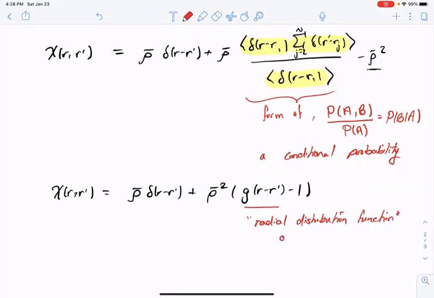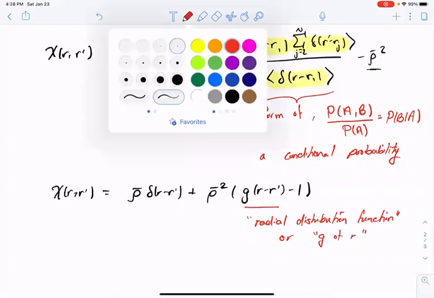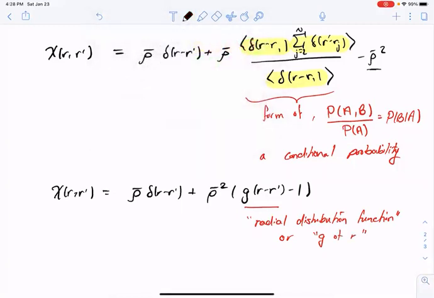Or often referred to as the g of R. And let's interrogate it a little bit.